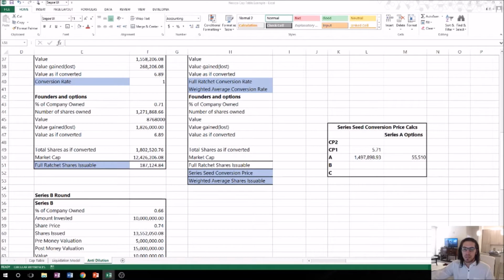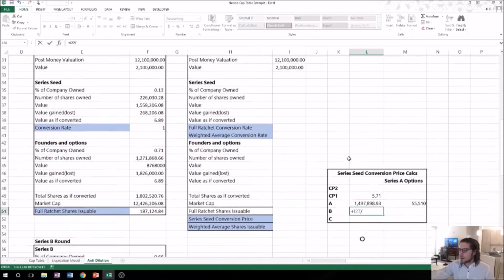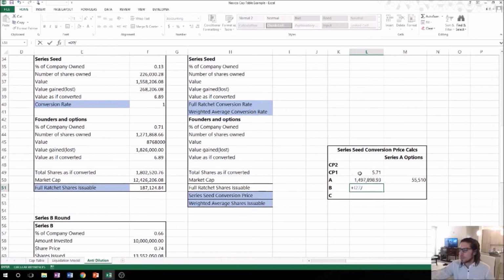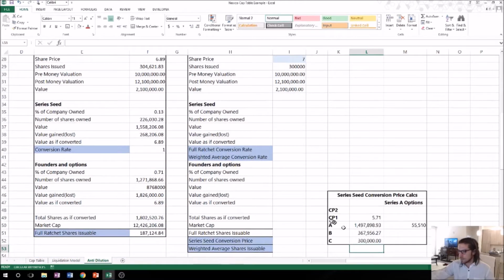Then we'll do B. B is going to be the amount invested divided by CP1, right there. Then we'll do C. C is going to be the shares issued to Series A.